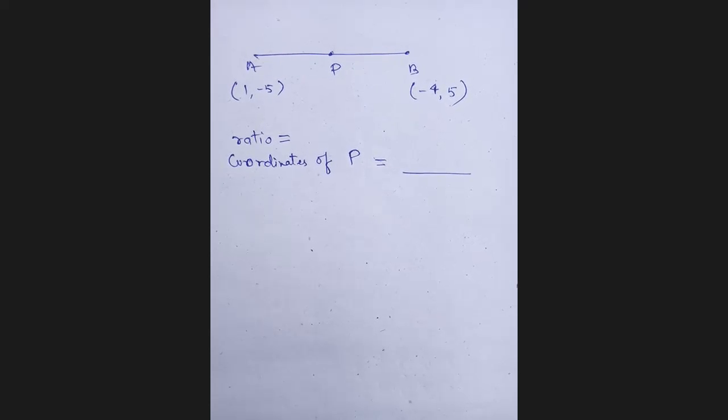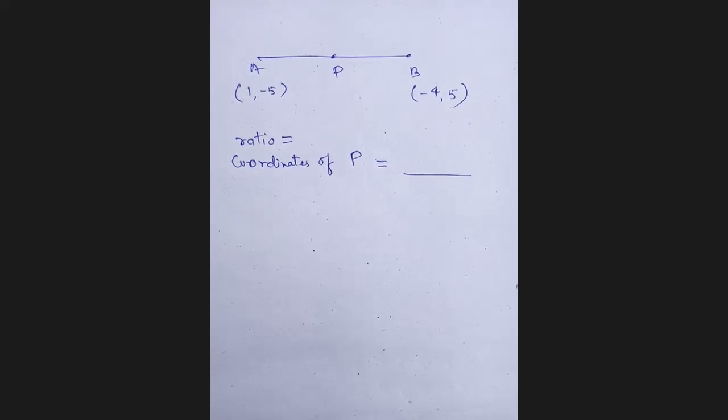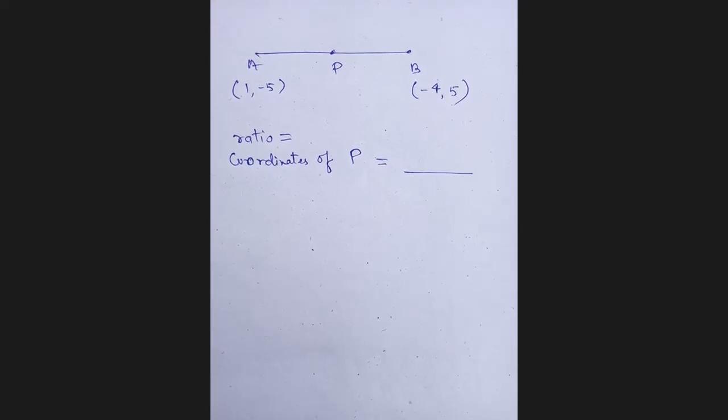I have changed this question number 5 in place of x-axis only. I am telling you y-axis, okay? So this line segment is divided by y-axis. Tell me what will be the required ratio and what will be the coordinate of P?